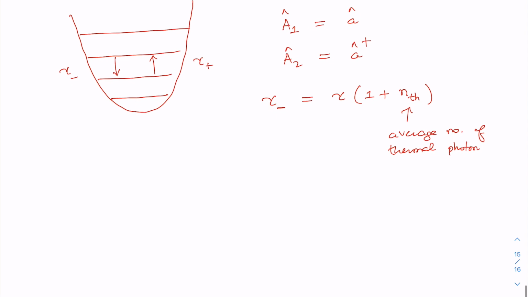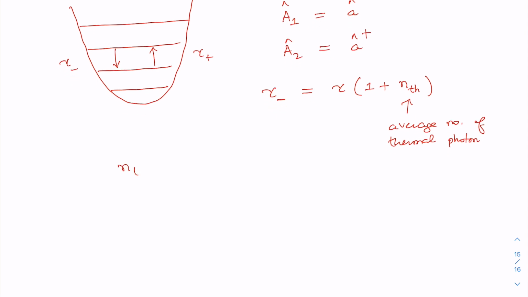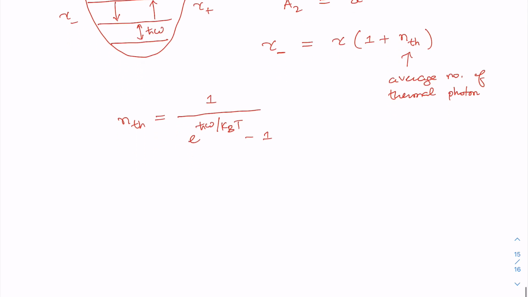Actually, this thermal number of photons is given by 1 by e to the power h cross omega by kBT minus 1, where h cross omega is the spacing between the energy levels.